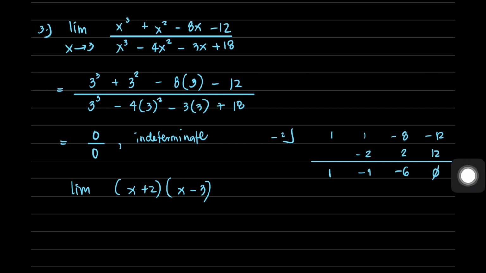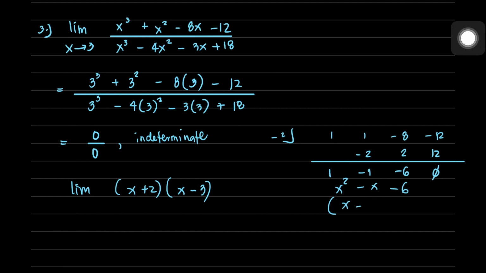Now, the resulting expression is x squared minus x minus 6. If we factor this by trial and error or by inspection, that is x minus 3 and x plus 2. That means the repeated root in this expression is x plus 2.